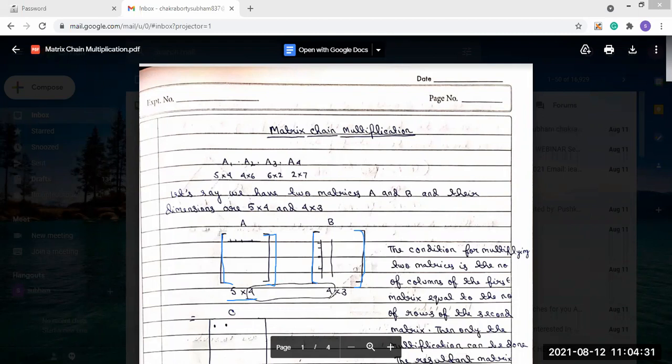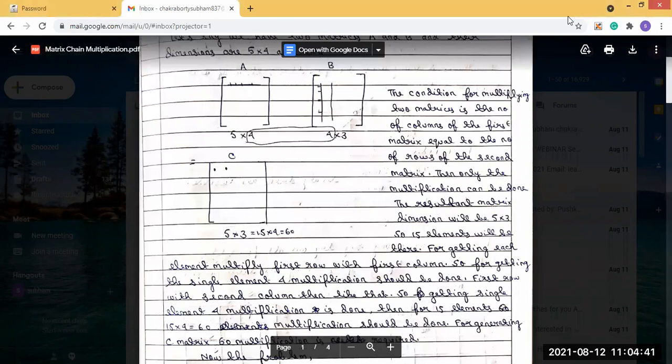Now, if we multiply these two matrices, we will have a resultant matrix, let's say named C. How do we calculate the resultant matrix dimension?